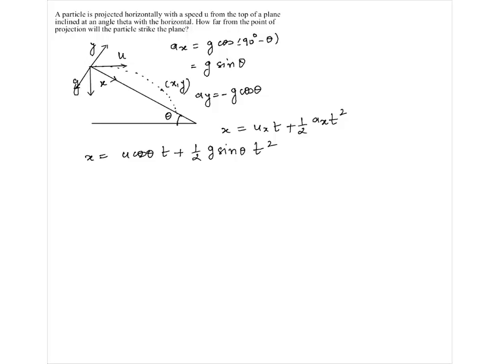Now, y direction. T is same, whether you consider x motion or y motion, T is same. Ay is minus g cos theta.